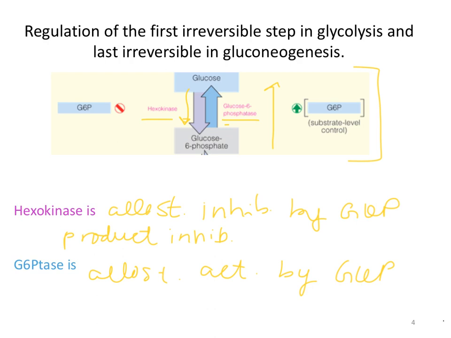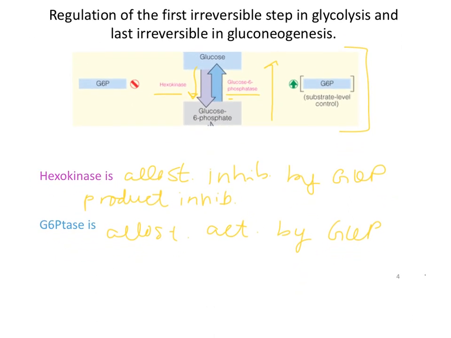The way we talk about these things is that it's not that you have all glucose in the cell or all G6P in the cell. You always have a little bit of both, and so we talk about them in terms of their ratio.